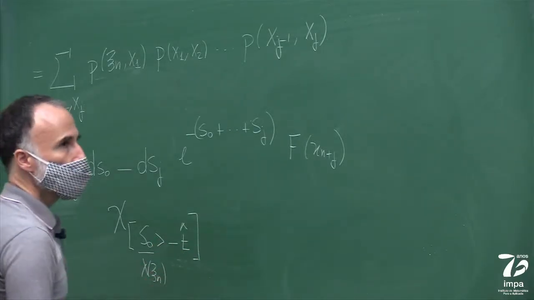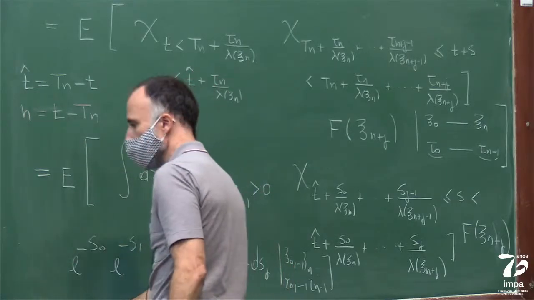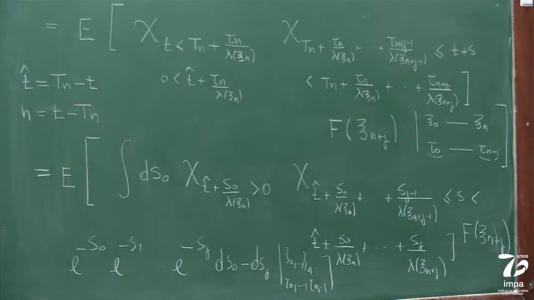So maybe I did the wrong choice. So maybe let's call this minus, I don't know, minus h, okay? So h will be, I should have defined t minus tn because t is larger than tn. So here I did the wrong choice. So let's call instead h equal t minus tn, which means that minus t bar is h, just to have something positive.